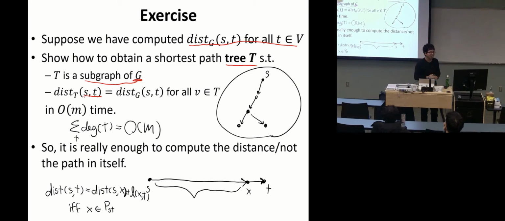But here I want to say that if someone gives you the distance already, then it's actually very easy to come up with a tree. Okay. So it's really enough to compute the distance itself, not the path itself.